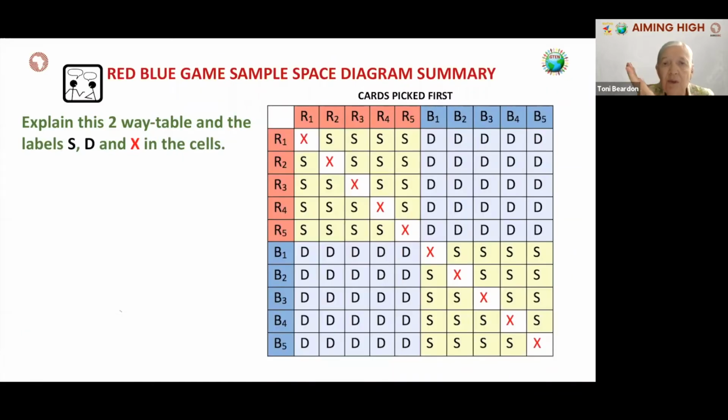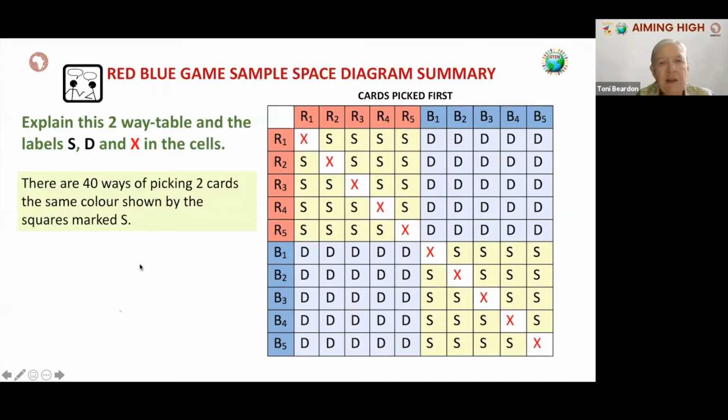We've put this two-way table down with S's and D's filled into it, and we ask you to think about what that two-way table shows and what the labels S and D and X show. So CP has said that the X stands for the same card, e.g. R1 and R1, which is impossible.